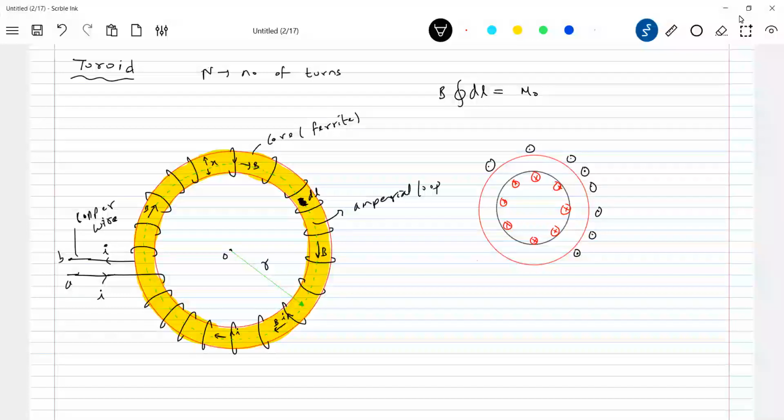Where is the Amperian path? The Amperian path is here, no?